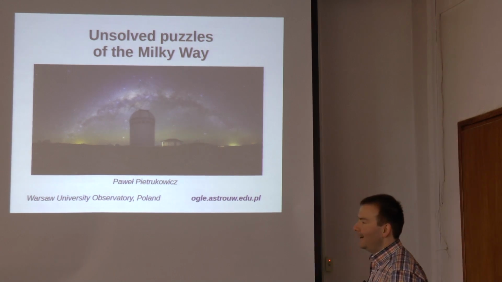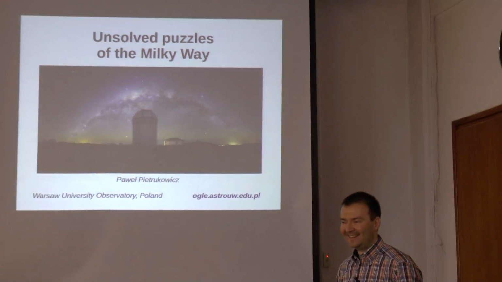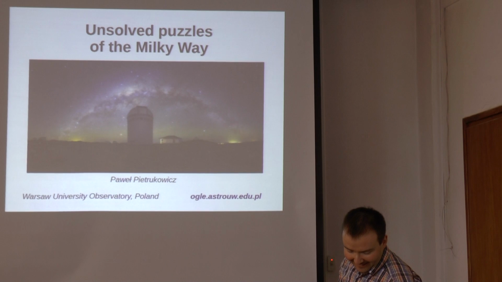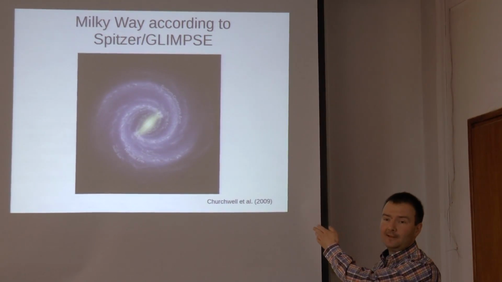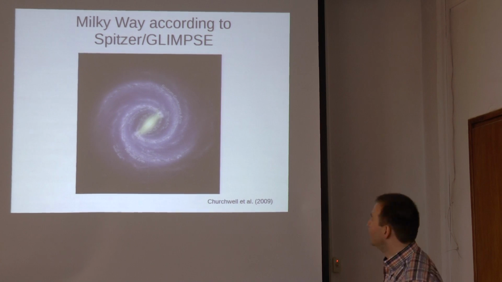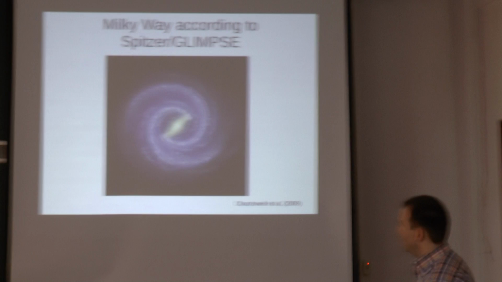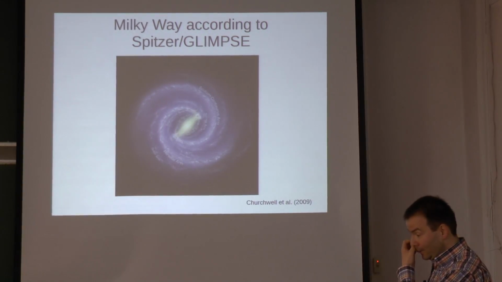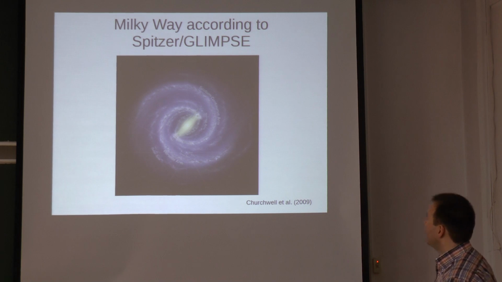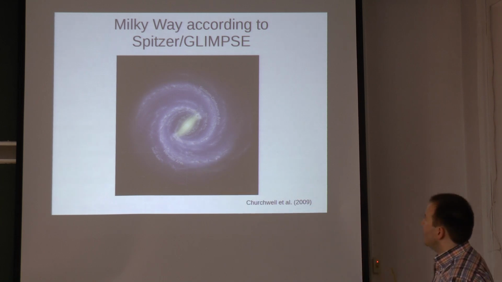And this is an artist impression. This is of course not an image, and we will not take such an image within a few years or even 100 centuries, because we live in the galactic disk.